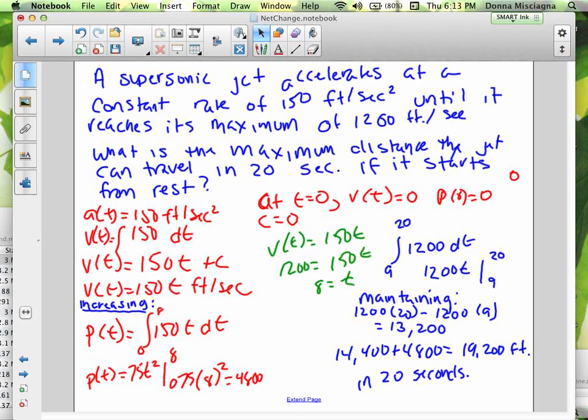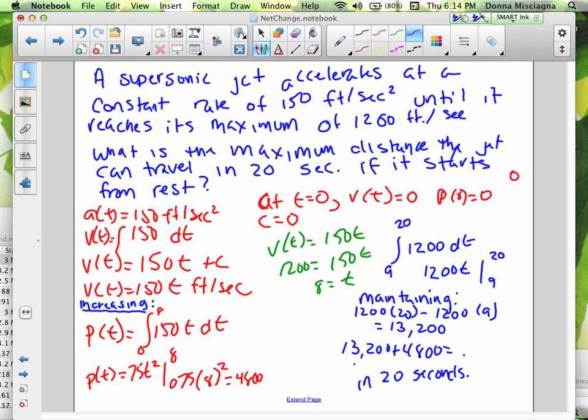All right, and so now just change this to 13,200, and that means that's going to be 18,000. Right? Yes, I think so. It's too late for me to remember. Yep, okay, so a little bit less there. We had a slightly wrong number in 20 seconds.